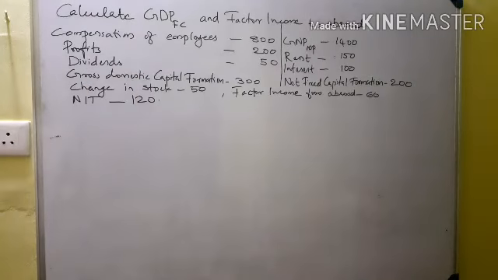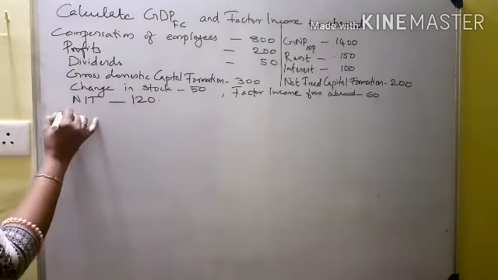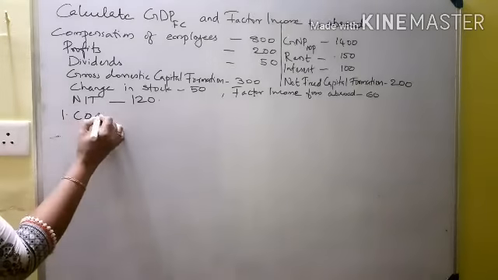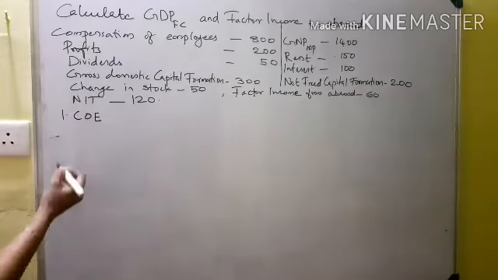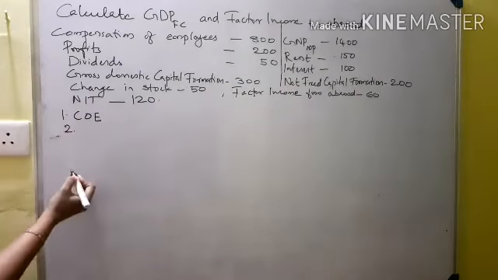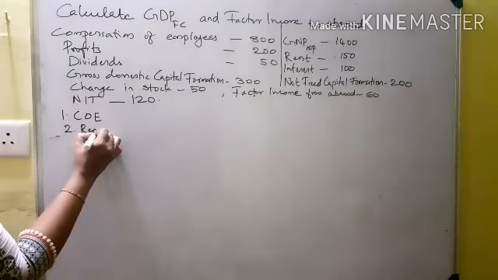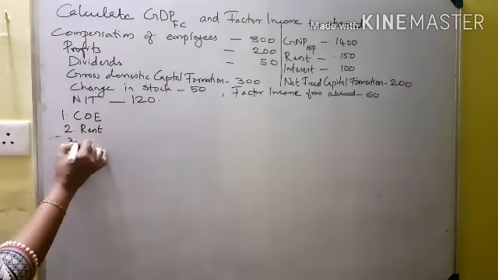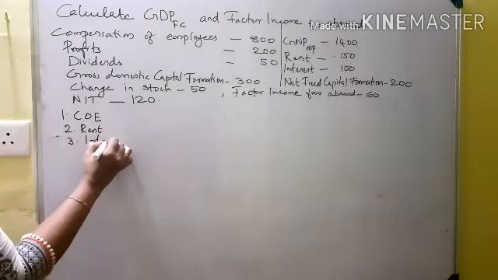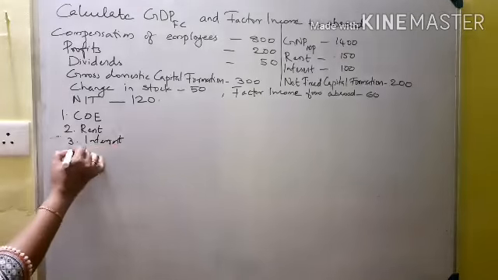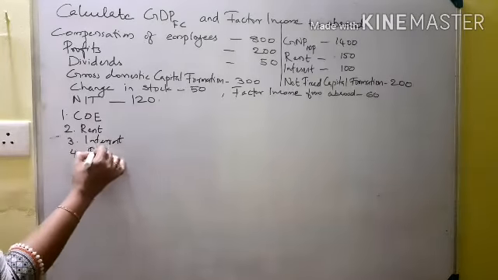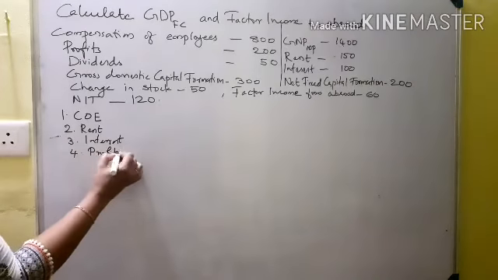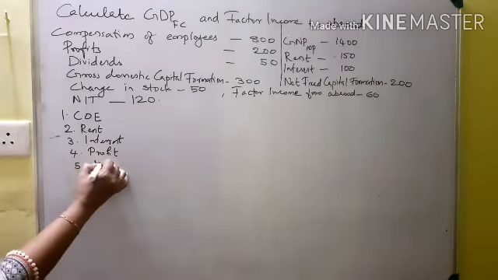We know the different components of the income method. First is compensation of employees, second rent, third interest, fourth profit, and fifth mixed income.